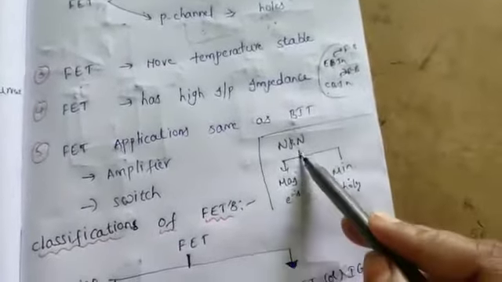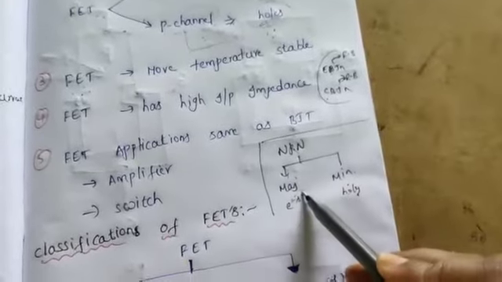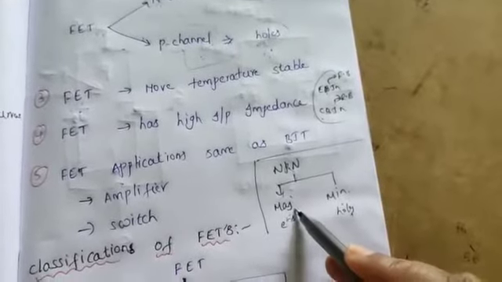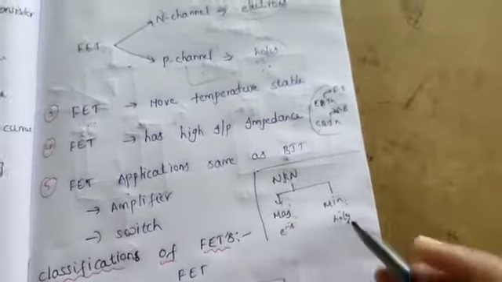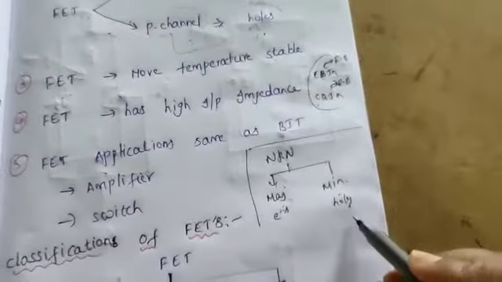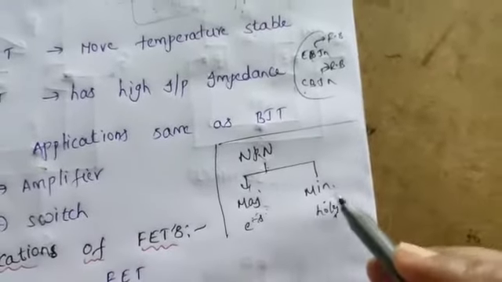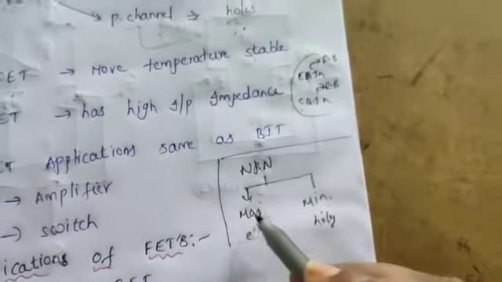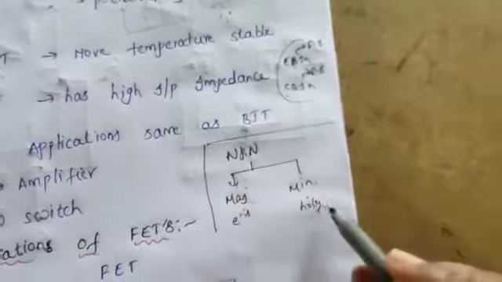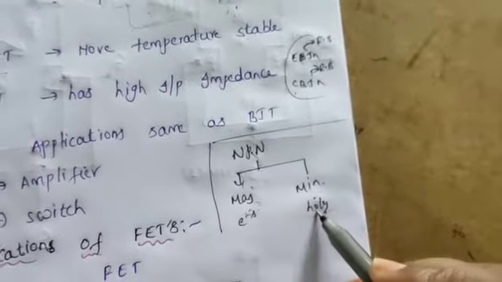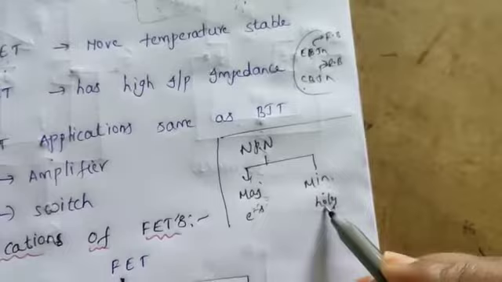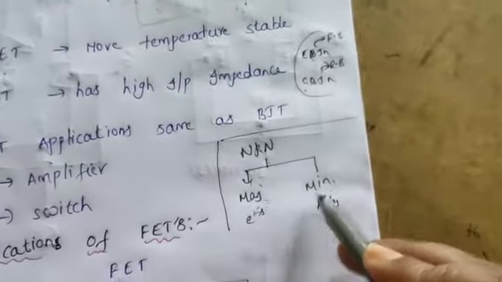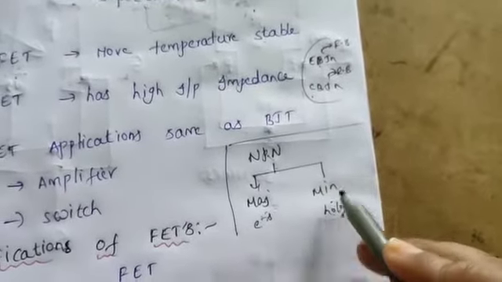Because suppose you take an NPN transistor, the current is due to both majority charge carriers and minority charge carriers. Majority charge carriers are electrons for NPN type and minority charge carriers are holes, right? The majority charge carriers are due to the transistor action, and minority charge carriers depend on temperature, not on applied voltages. Means the current due to minority charge carriers depends on temperature.